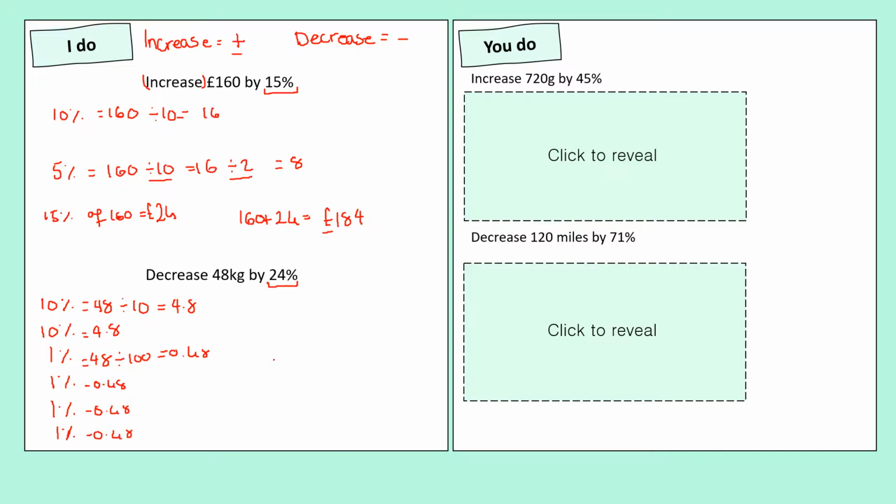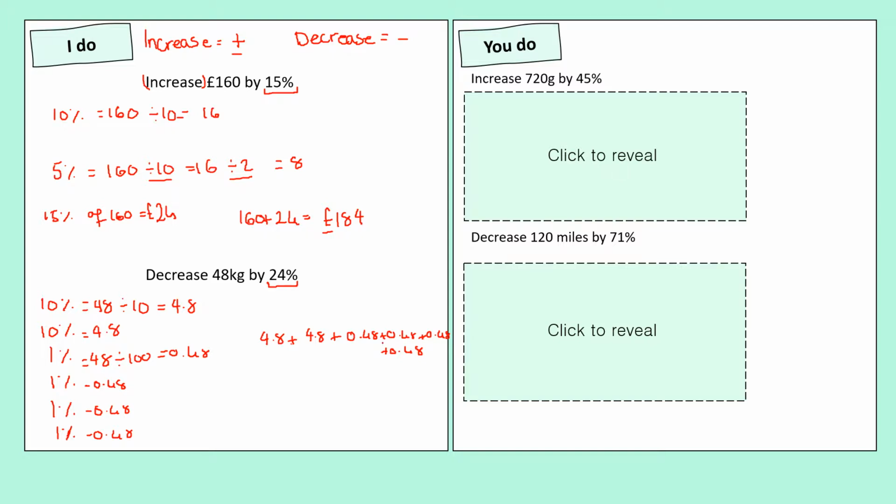And then all I have to do is add my two lots of 4.8 and my four lots of 0.48. I can't fit it in here, that's fine, I'll just pop it down here. So I do 4.8 plus 4.8 plus 0.48 four times.